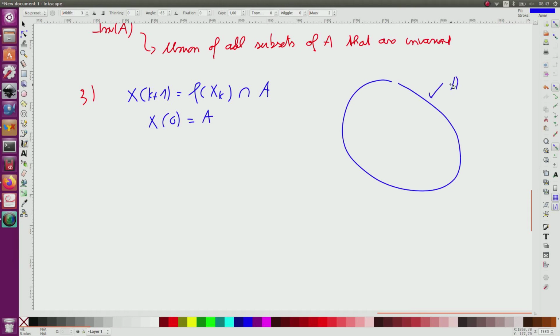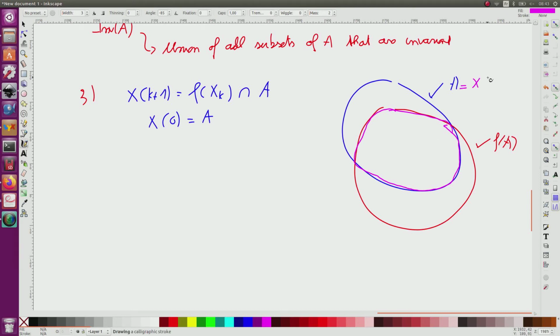I have the set A and I compute its image. So this is f of A. I intersect the two of them, so I will obtain this set. So this one corresponds to x of 0 and this one corresponds to x of 1.